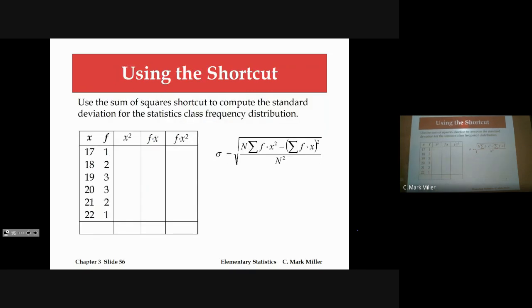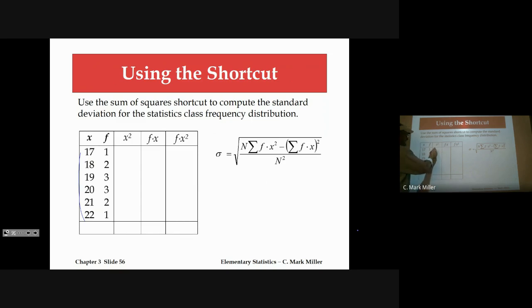All right. So let's use this shortcut here on the right to compute the same standard deviation that we did before. So here we have our x squareds. Take your x values, this column here, and you square it.